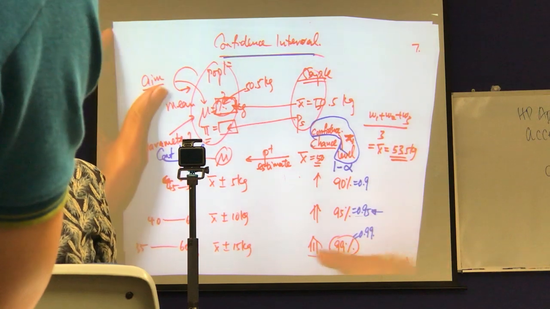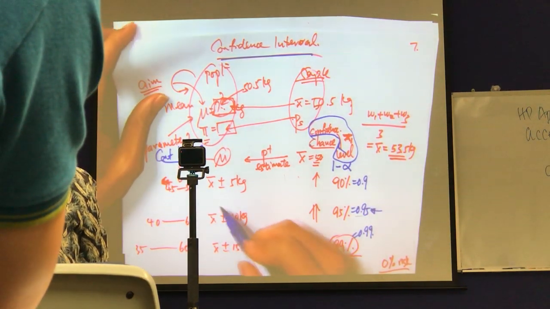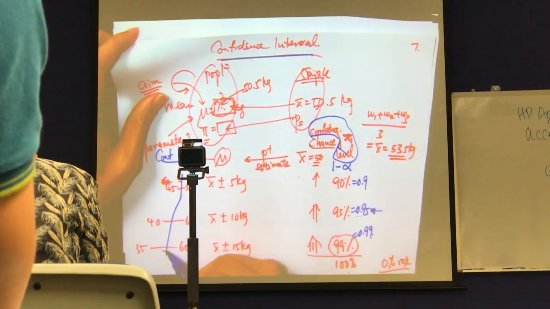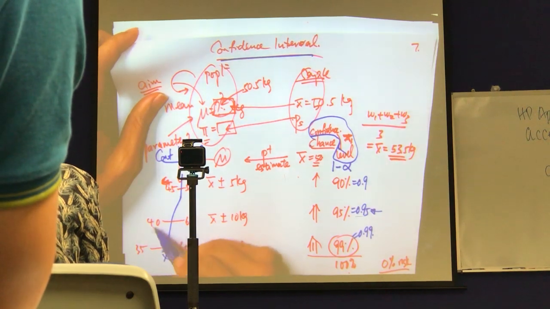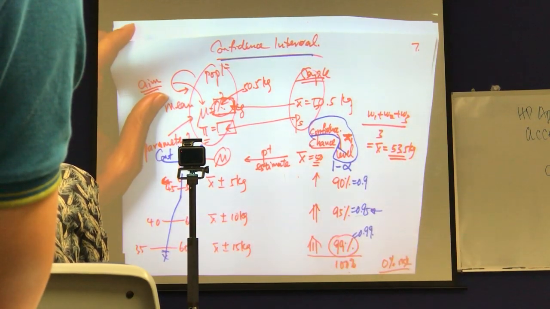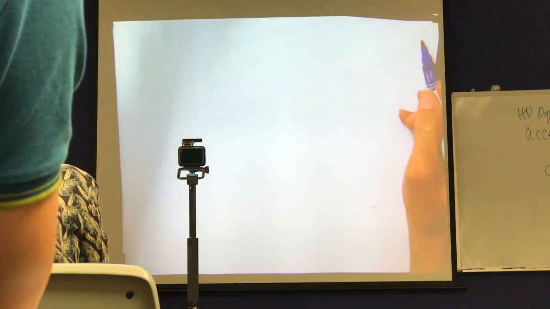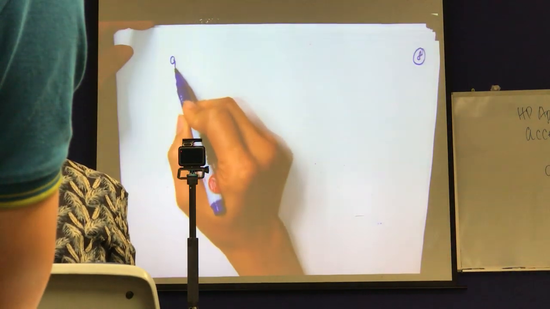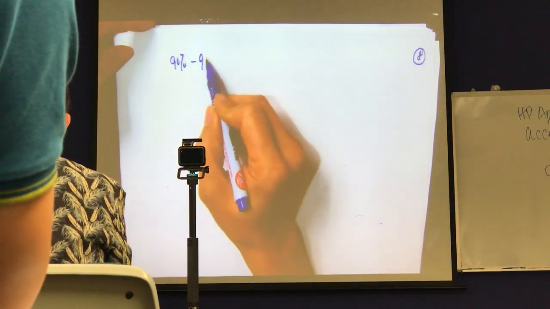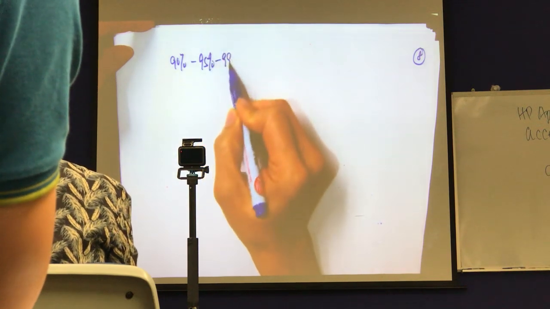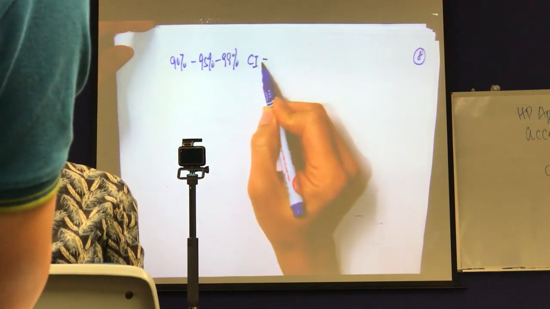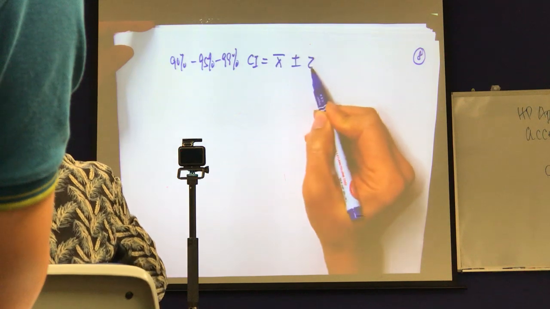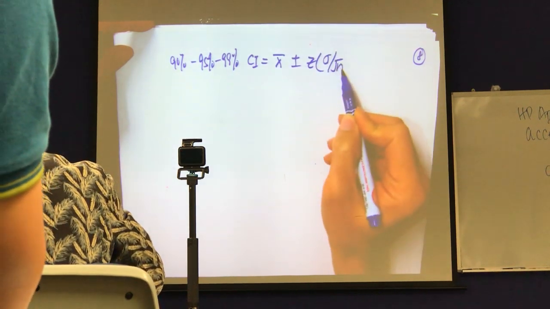All right, so look at this one here. It's very much 50, the X bar here, plus minus. Now let's look at the formula. For 90%, 95%, 99%, the confidence interval is X bar plus minus Z sigma over square root of n.